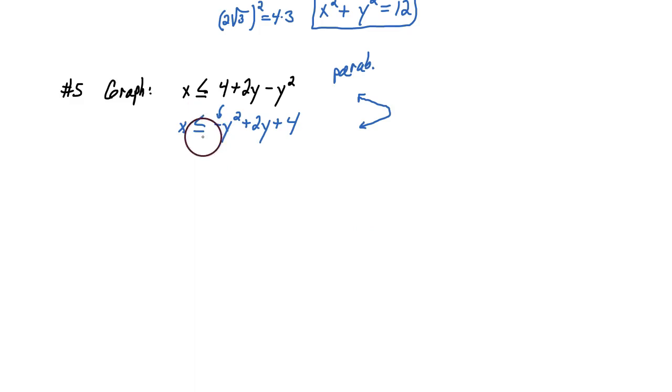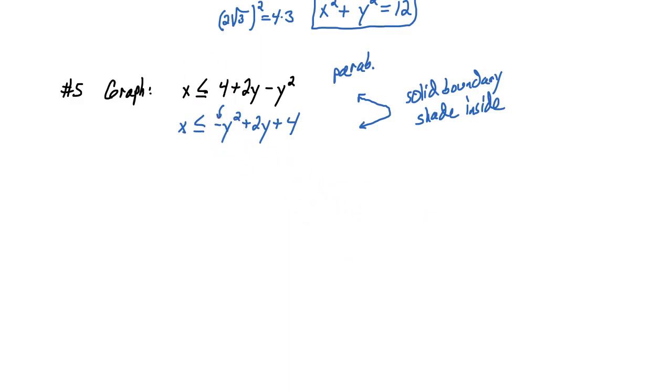Furthermore, because it's an inequality, and there's that little or equal to line, it will be a solid boundary. And because it's a less than symbol, we're going to shade inside the parabola. So all things we know before we even get started.